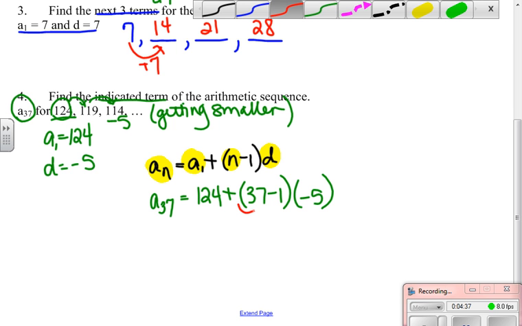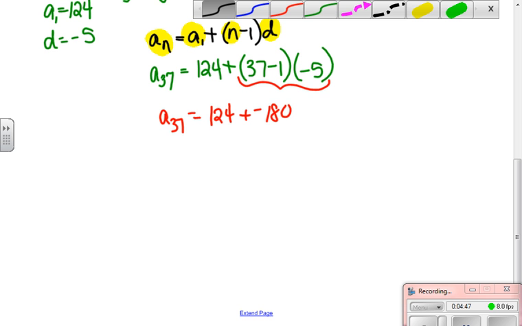Careful with your order of operations. This has to happen first. So the 37th term is equal to 124 plus -180. So the 37th term is equal to -56. And that is the end of the 11.1 notes.